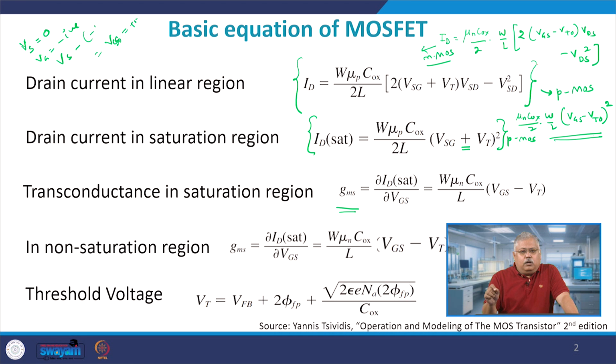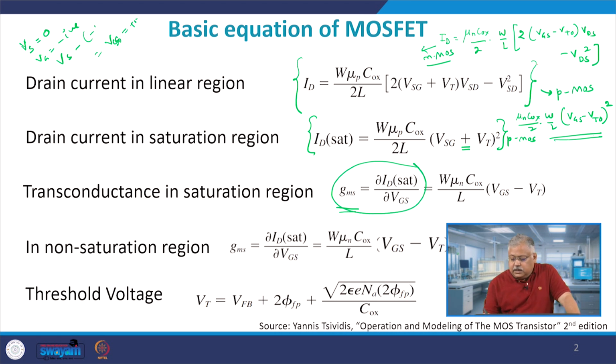But the potential which you are applying to form the current is on the transverse side. So, that is the reason it is known as transconductance. I am trying to find out the variation of the drain current with respect to change in the gate to source voltage, and therefore, we define GMS as del ID sat by del VGS.